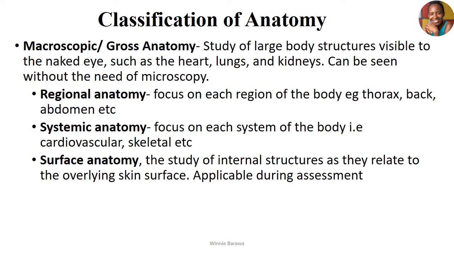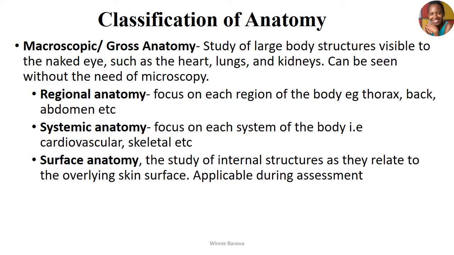Systems in the body are wide. You can have cardiovascular, respiratory, skeletal system, digestive system. So when you're studying anatomy using that approach, we will call it the systemic approach or systemic anatomy.